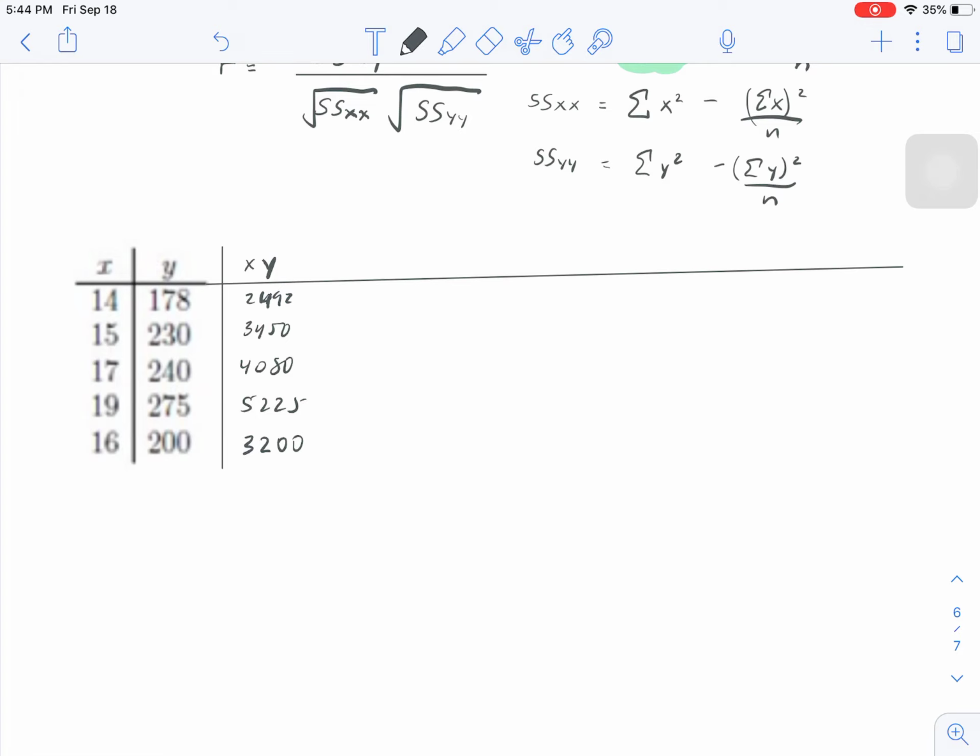Then I need to take the sum. So let me just add on an extra column. And so I'll add up all the xy's. 2492 plus 3450 plus 4080, and so on. This sum is 18,447.